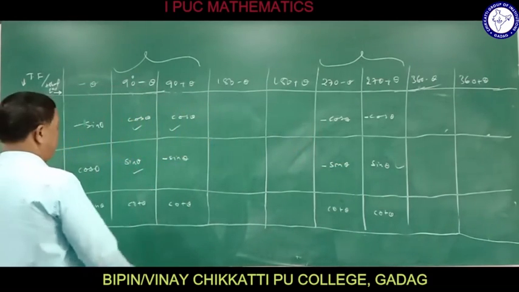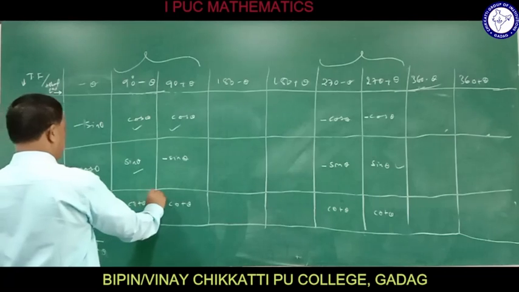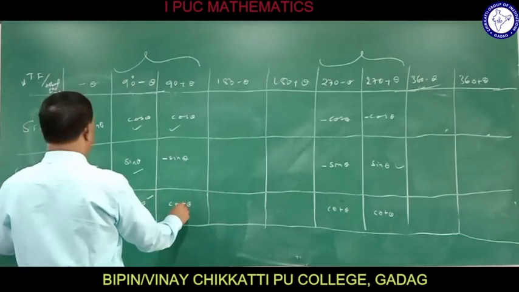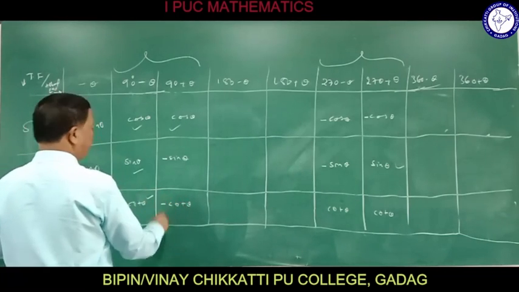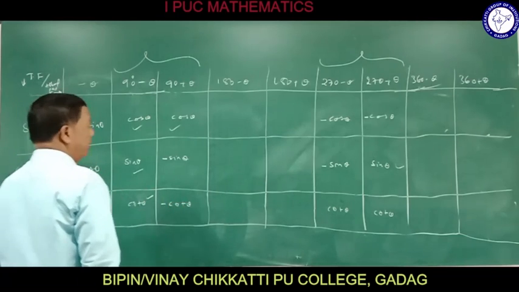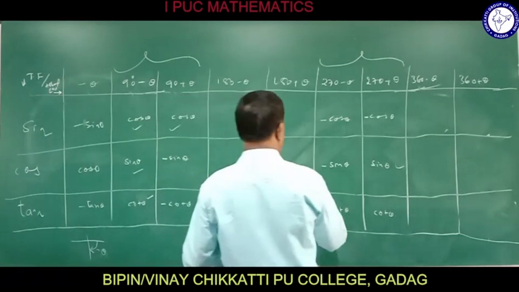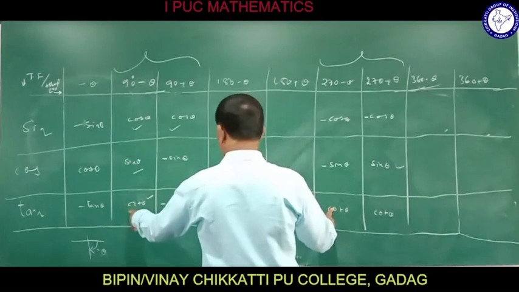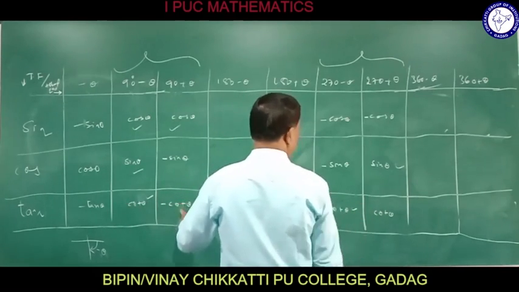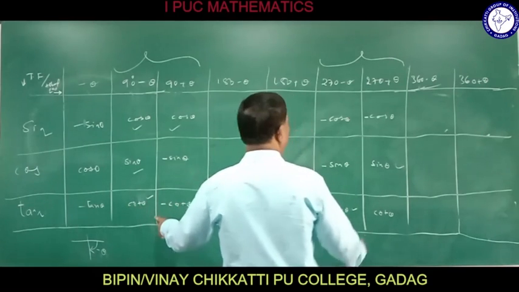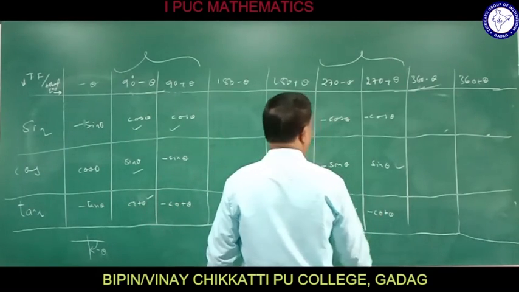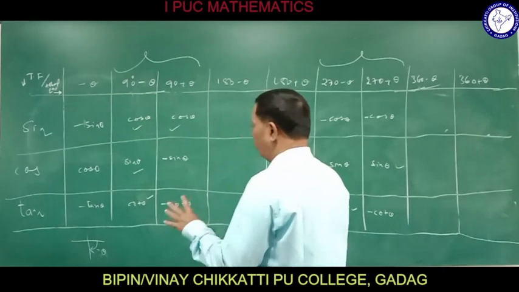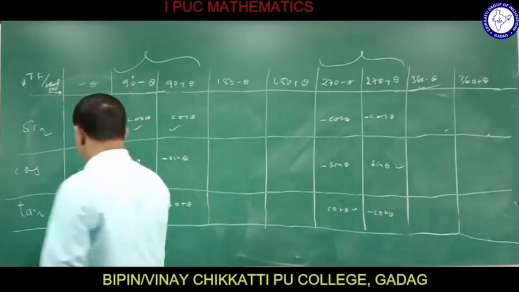Similarly, tan of 90 minus theta is positive, and 90 plus theta is negative. Now coming to 270 minus theta, third quadrant, tan is positive, right? And again 270 plus theta, fourth quadrant, it is negative. So these are the ways to write the signs.